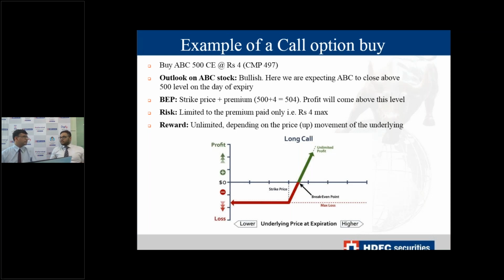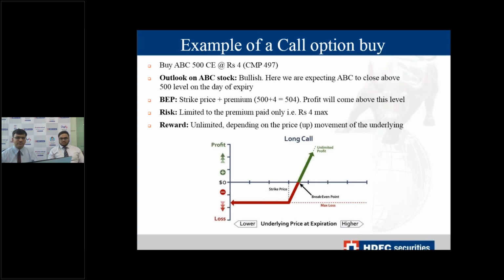Now Subash will explain with the help of an example what is a call option and what is a put option. Yeah, we have an example of a call option buying strategy. We are buying ABC at 500 strike price at rupees 4. We are buying this call option because we are bullish on the stock and we expect the stock to close above 500 before expiry.